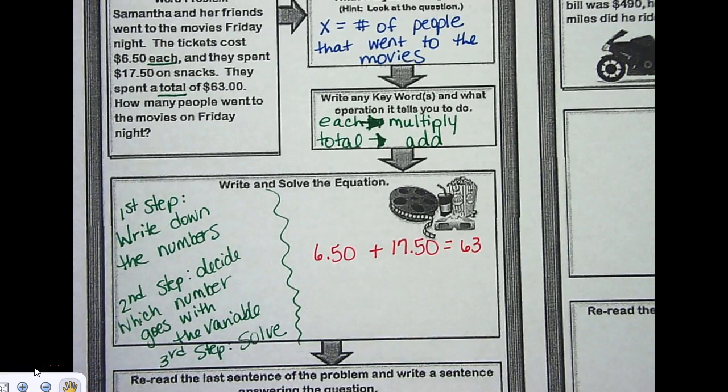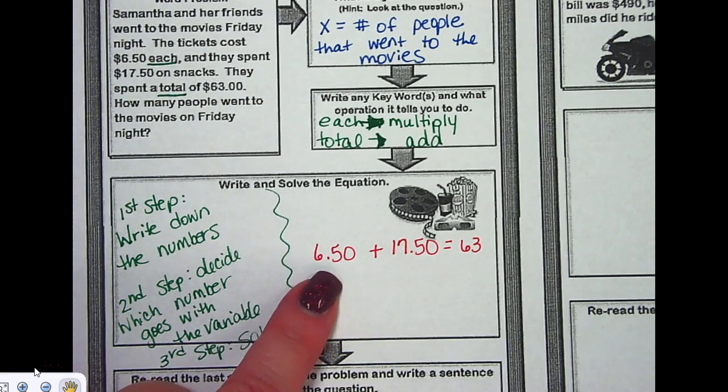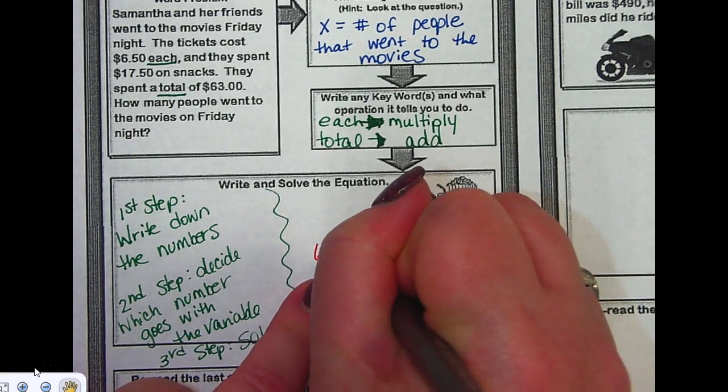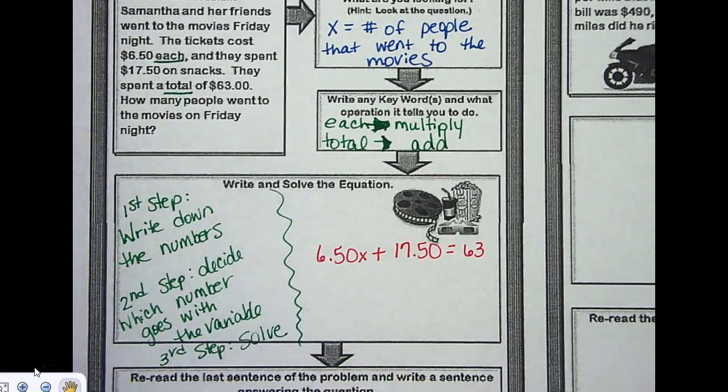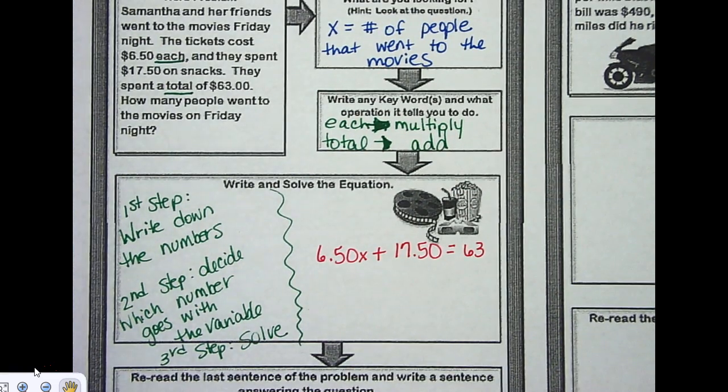What do you think, Mackenzie? The tickets. The $6.50. Do we know how many tickets? No, we don't know how many people, right? So the X goes with the $6.50. We know that we spent money on snacks, and we know the exact amount they spent on snacks was $17.50. So that is our equation.